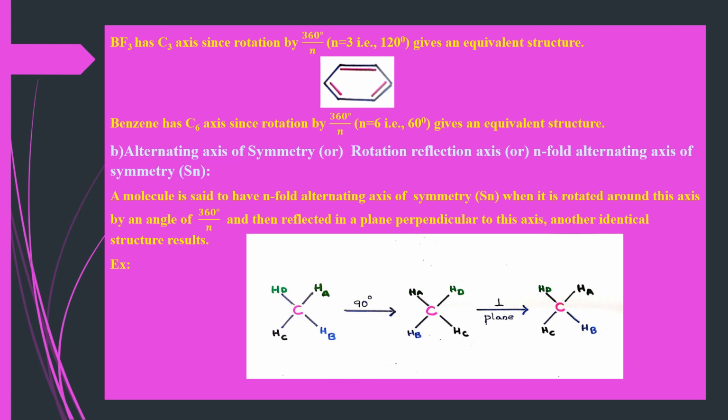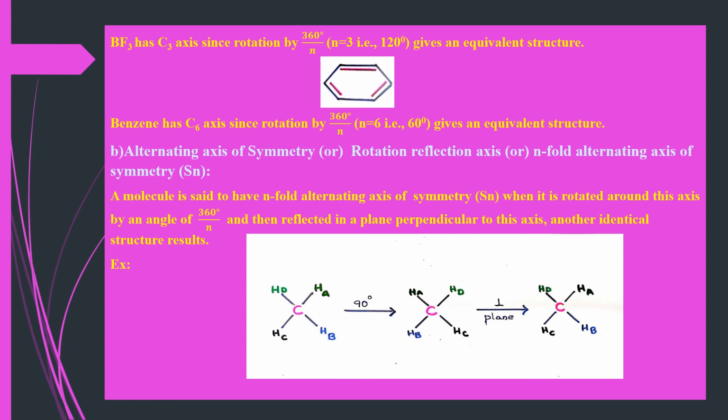Students, shall I repeat once again? A molecule is said to possess n-fold alternating axis of symmetry when it is rotated about the imaginary line through a complete rotation of 360 degrees, and it appears to be identical when it is reflected in a plane perpendicular to that axis.